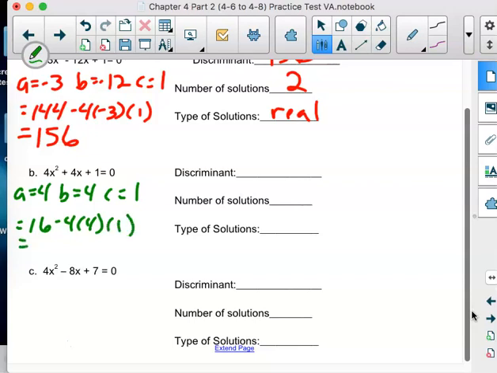Hey, wait a minute. Negative 4 times 4 is negative 16, and negative 16 times 1 is negative 16. 16 minus 16. How many and what type? 1 real.